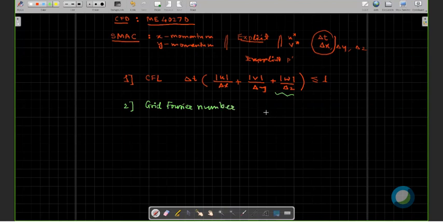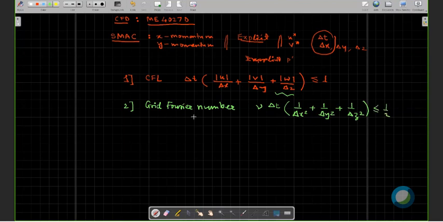And this criteria, the grid Fourier number, is your viscosity times delta t times 1 over delta x square plus 1 over delta y square plus 1 over delta z square for 3D problems, should be less than or equal to half.